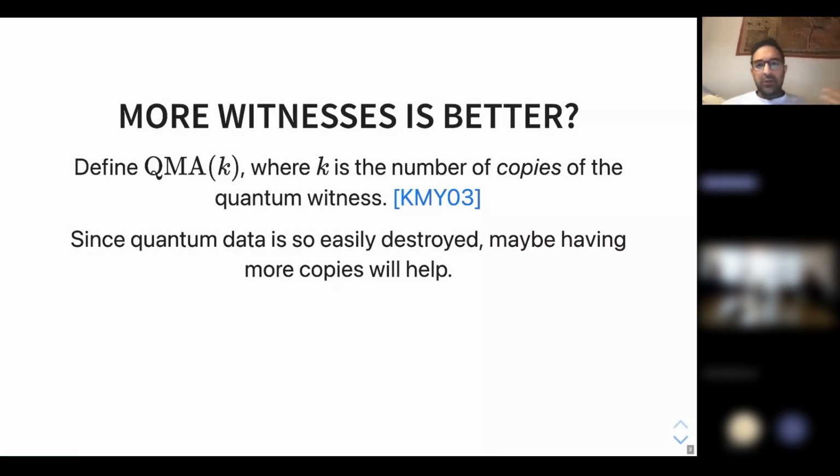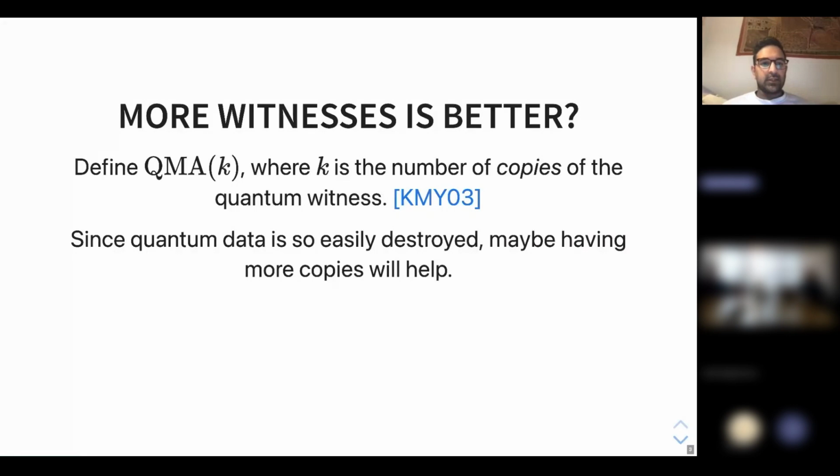It turns out all the notions are equivalent in at least QMA. If you take some subclasses, there are some differences, but for QMA-K, it's all the same. Nice. Thank you.